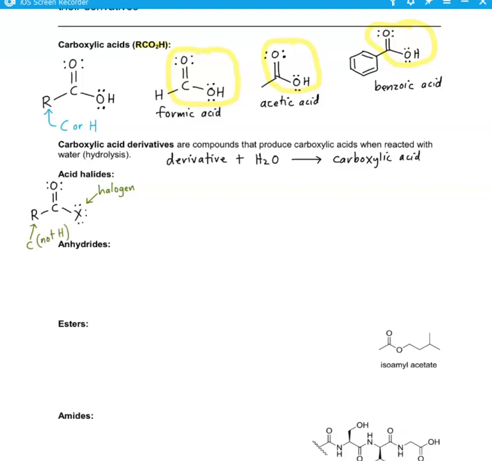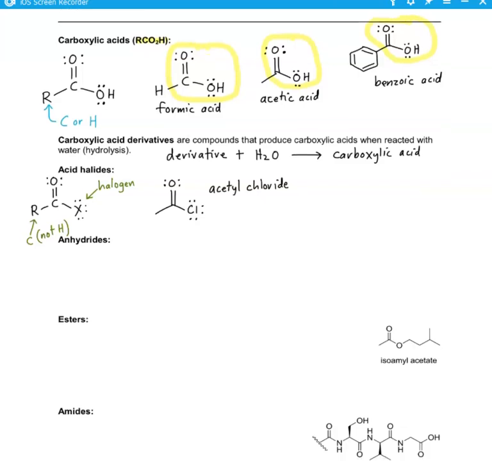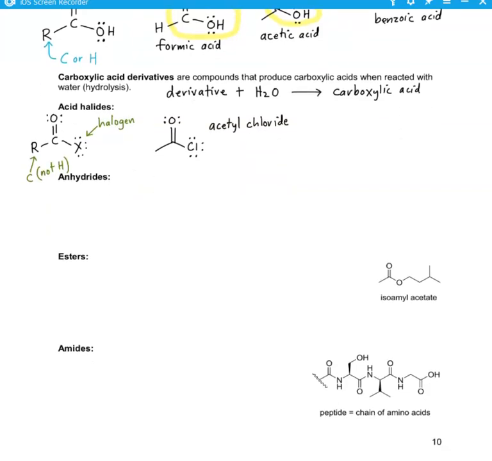That would create a structure that's actually kind of unstable, and so you'll never see something like that. It's always going to be a carbon group. So let me give you an example of that. Very, very common example that we'll be using a bunch in the second semester is this one. This is called acetyl chloride. So that's an example of an acid halide.